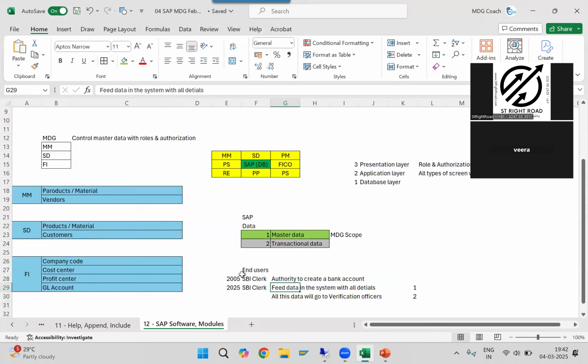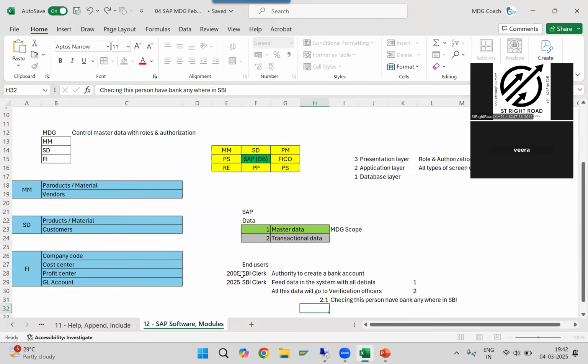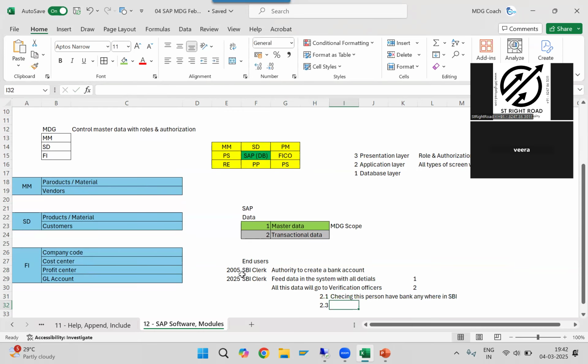Is the same person having a bank account anywhere in India? They do all the checks. Internally, check 2.1: does this person have a bank account anywhere in SBI? This is the first check.